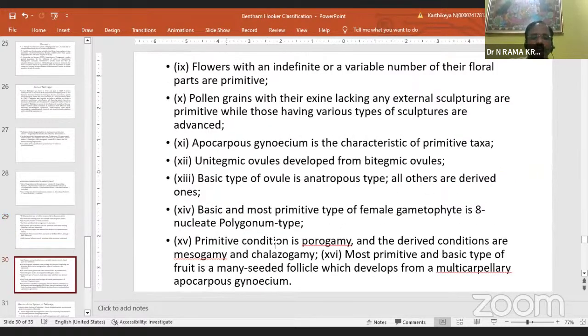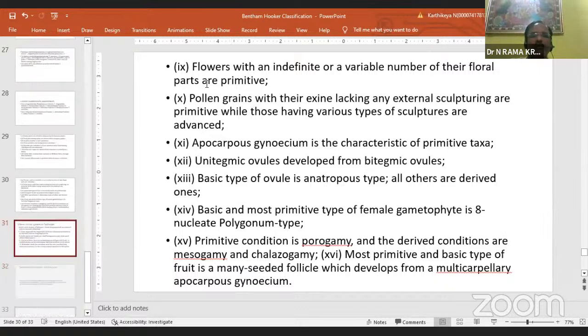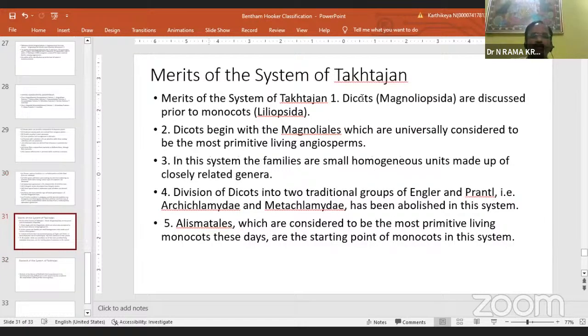Some points are there in this one. Flowers with an indefinite, variable number of floral parts are primitive. Pollen grains with their exine lacking external sculpturing. So these are some points, and here you see the merits and demerits.